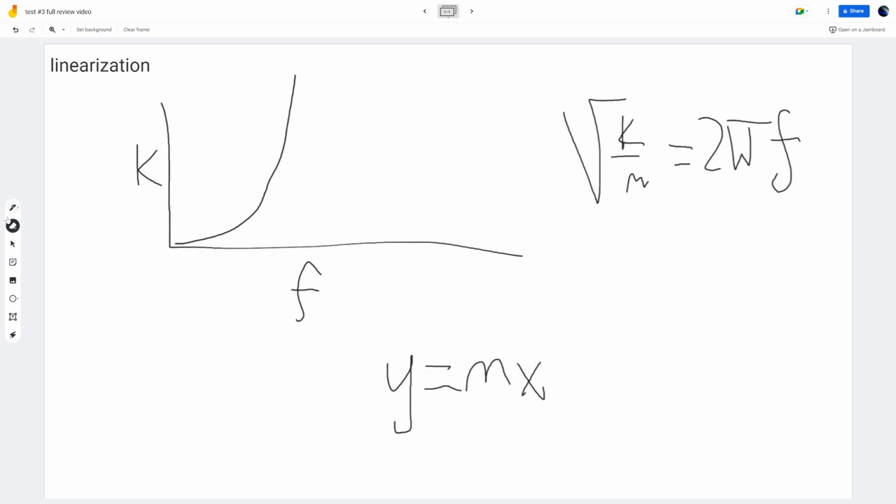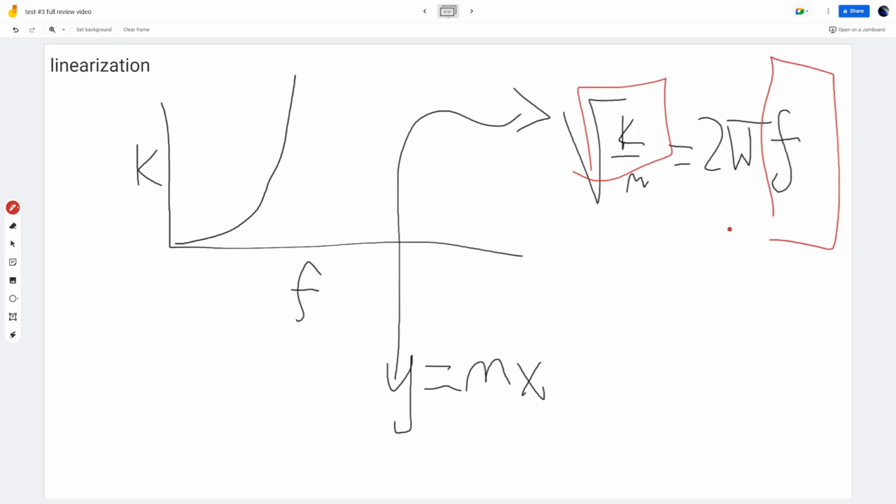So basically, we have to set up our equation in the form y equals mx. Right now, what we see is we have our y here and our x here, and this is giving us a parabolic thing. So instead, we want to graph it so that it'll be a straight line, like y equals mx, right? If we look at this equation, our two variables, highlighted in red, are k, and we're comparing frequency.